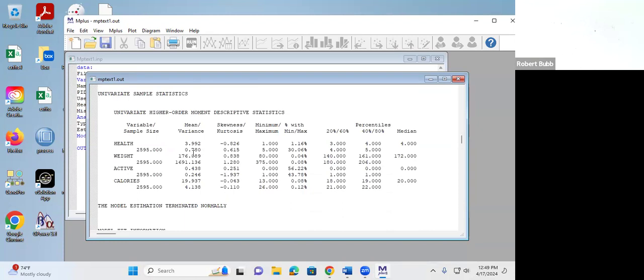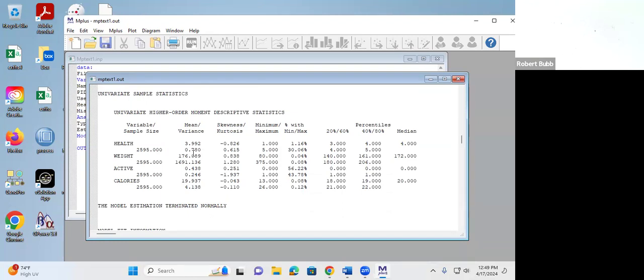All right, let's take a look at our different variables here. We already know about health and weight; we already talked about those two. Essentially what we're looking for here is which measures of central tendency and variability would be best to report. Let's look at active and calories.